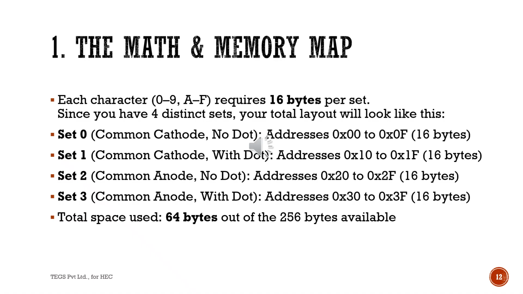Set 1, common cathode with decimal point, address from hex 10 to 1F. Set 2, common anode, no decimal point, address from hex 20 to 2F. Set 3, common anode with decimal point, address from hex 30 to 3F. The total byte space used is 64 bytes out of 256 bytes available.